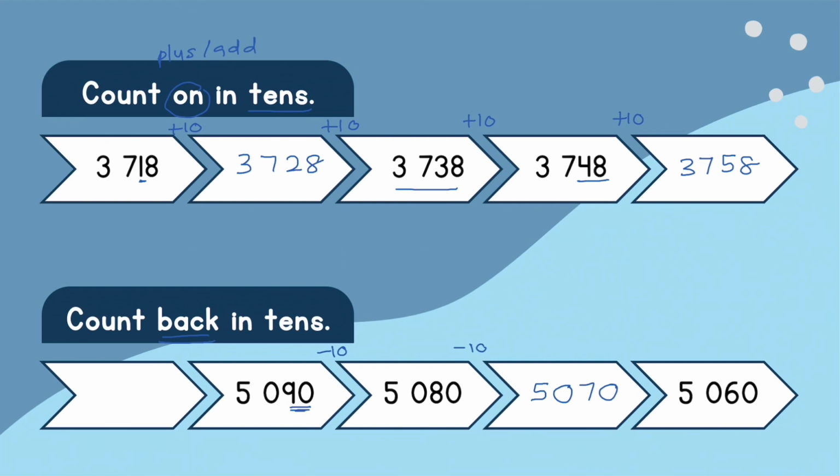So if you move to the right, you just minus 10. But to get the number to the left, you need to plus the number. So 90 plus 10 will be 100. So here will be 5,100. Let's check together. If the number is 5,100 and then we minus 10, it will be 90. 100 minus 10 is 90, 80, 70 and 60.